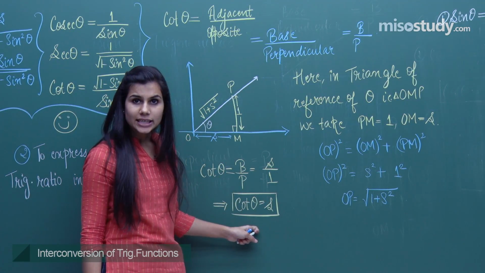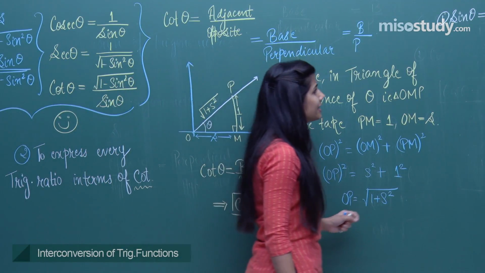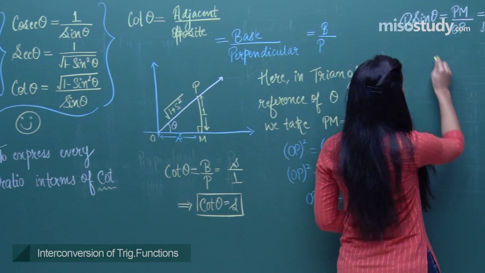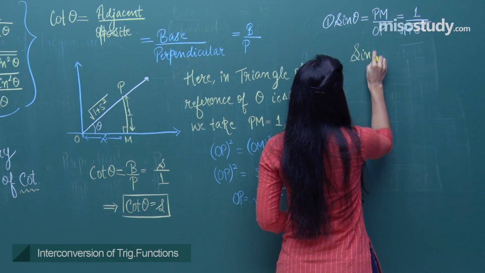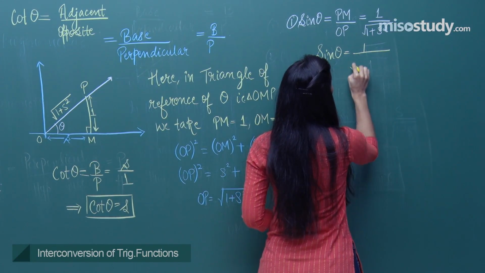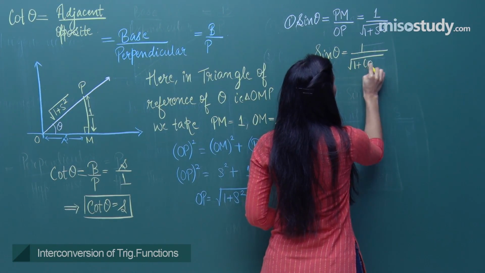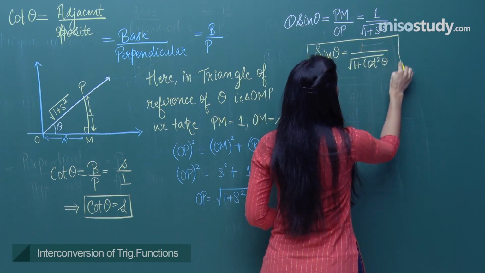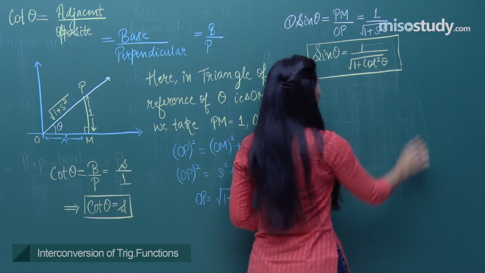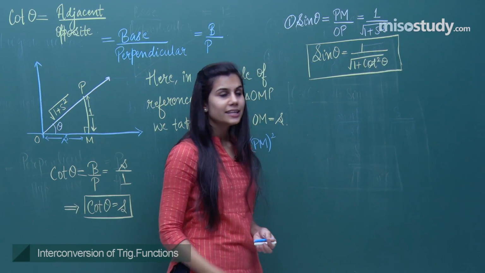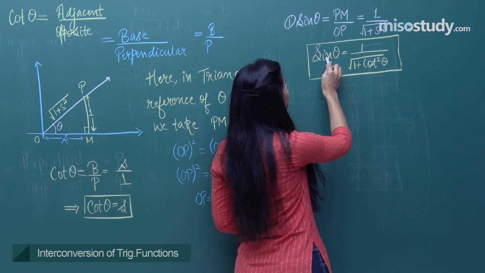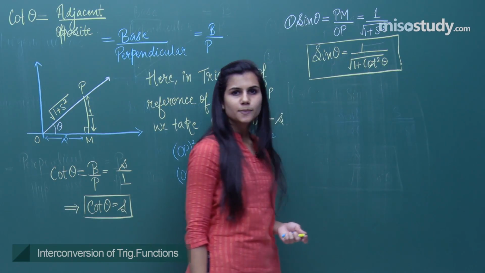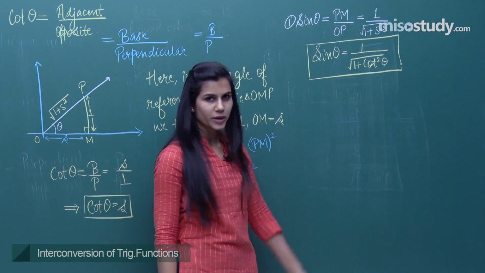Now that cot theta is S, our sine theta comes out to be 1 upon under root 1 plus cot square theta. This is the expression that you obtain, or basically sine is expressed in terms of cot in this way.